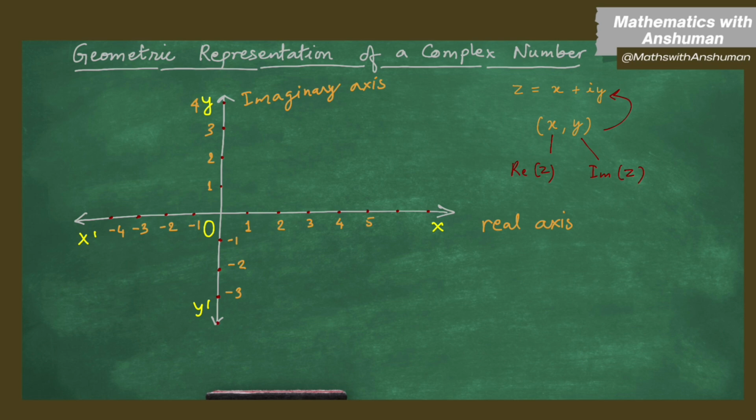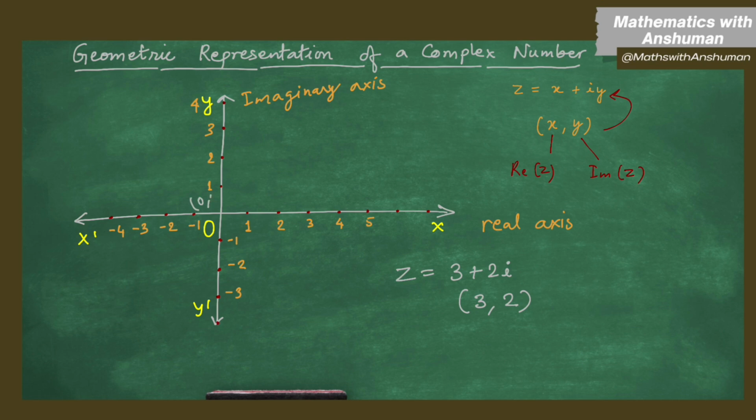For example, z is equal to 3 plus 2i, a complex number, can be plotted on this plane. To plot any complex number or a point on this plane, we need two numbers, an ordered pair. So from the complex number 3 plus 2i, this ordered pair is 3 and 2. So our complex number or the point (3, 2) is 3 units on the x-axis and 2 units on the y-axis from the origin 0.